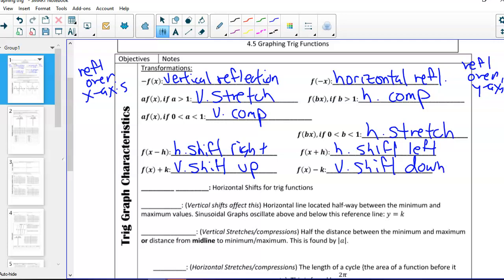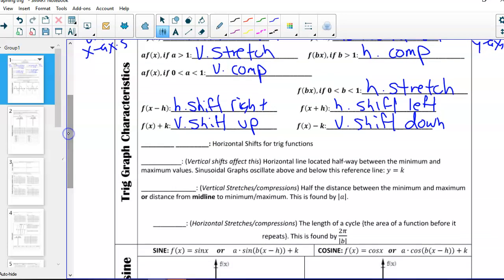So we need to remember those basics. So when you see different graphs with different pieces everywhere, you know what's being applied, what's changing. Now, those are going to happen, but some of the vocab we're going to use is going to change a little bit. So instead of horizontal shifts with trig, these are now phase shifts.